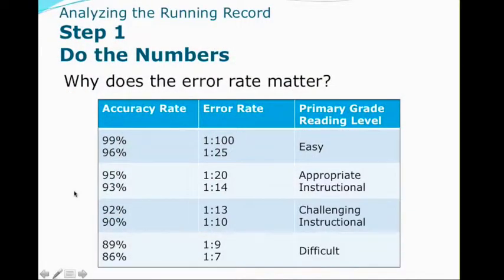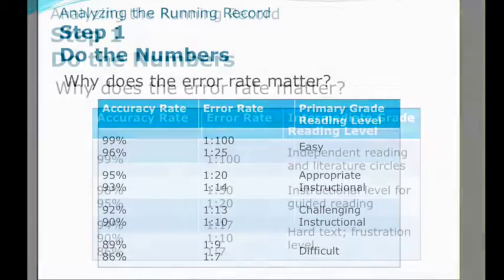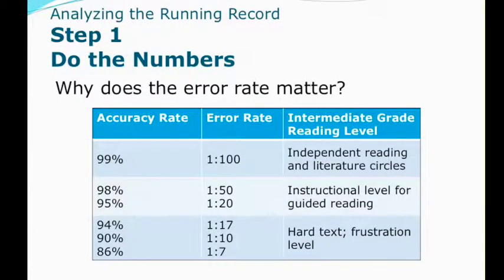As you can see, this chart pertains to primary grade reading levels. This would also apply to struggling readers in the intermediate grades. This slide shows the correlation of the accuracy rate and the error rate for intermediate grade reading levels. As discussed earlier, higher accuracy rates support deeper comprehension because less cognitive energy is devoted to decoding.